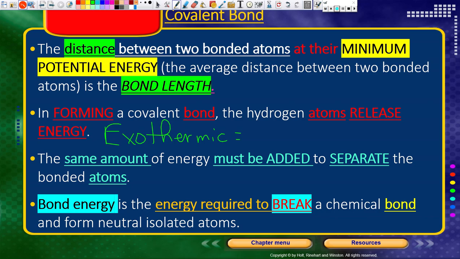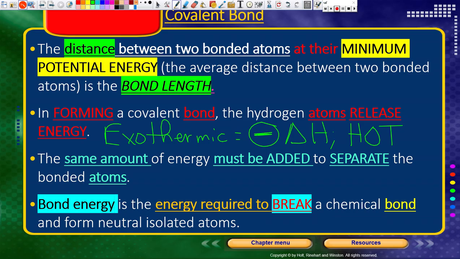Was that positive or negative? Negative delta H, because exothermic releases energy. Last question, hot or cold? Most exothermic reactions, when they release energy, warm up their surroundings. So that's what's going on there.